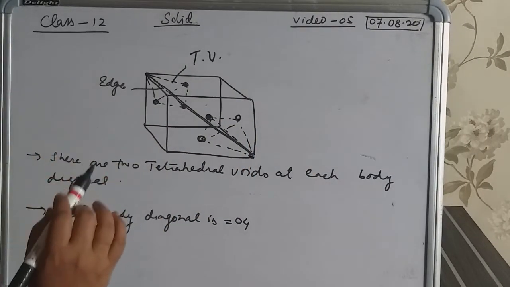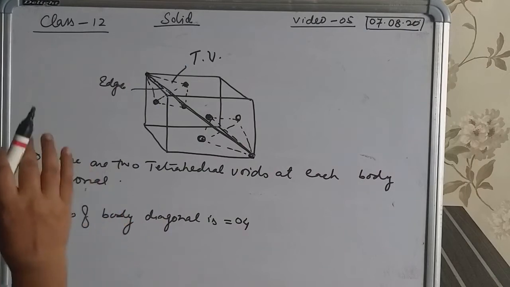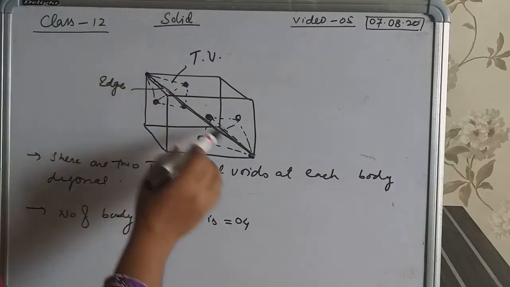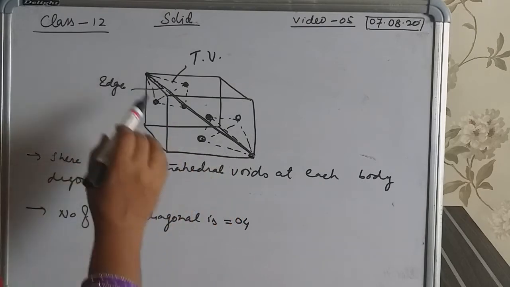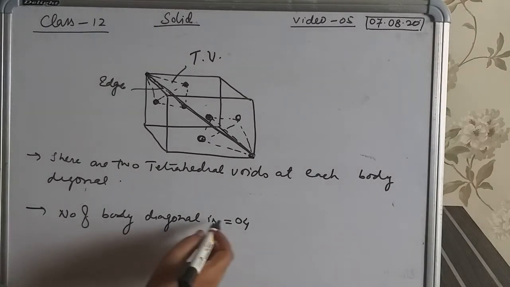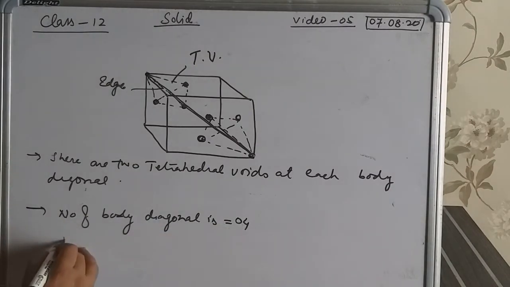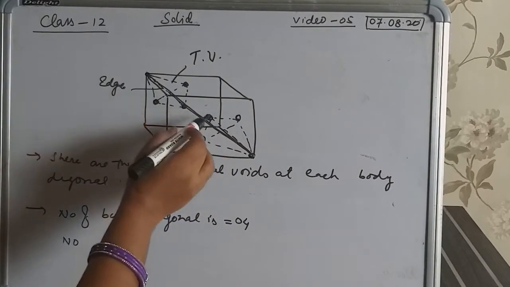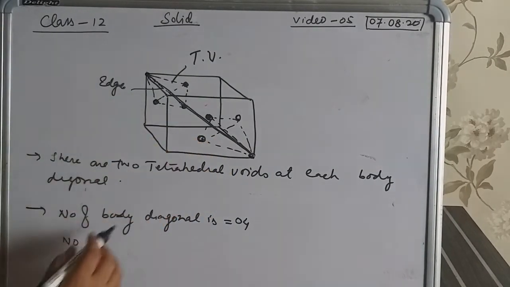Suppose you are sitting in a room and there are 4 corners. From this corner to this corner is one body diagonal, and all 4 corners mean there are 4 body diagonals present. So the number of body diagonals is 4, and 2 tetrahedral voids form at each body diagonal.